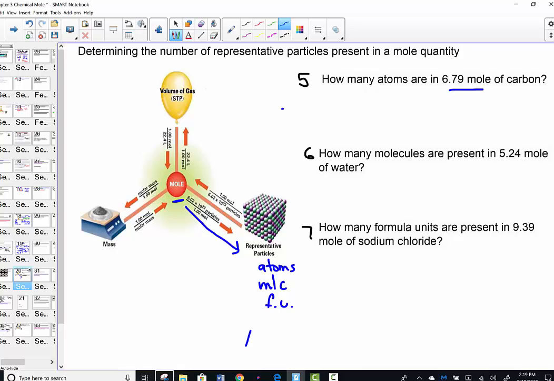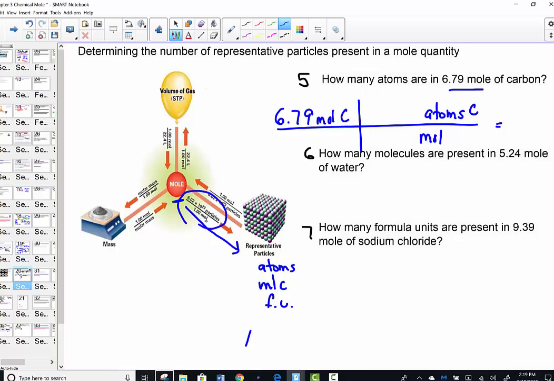So the work would look like 6.79 moles of carbon. I'm going to set up a conversion factor where the mole unit cancels, and I'm at the individual atoms of carbon. By definition, you can see on your visual that 1 mole is equivalent to saying 6.02 times 10 to the 23rd atoms of carbon.